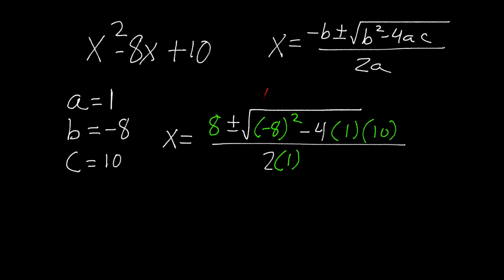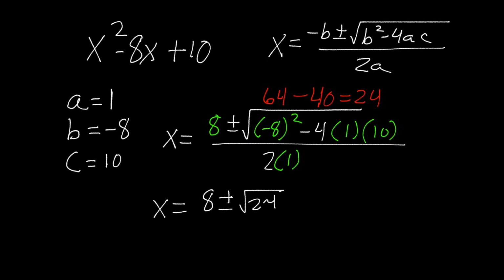So that is 64 minus 4 times 1 times 10, which is 40. So we get 24. I can rewrite this now as x equals 8 plus or minus the square root of 24 all over 2. And once again, I'm done.